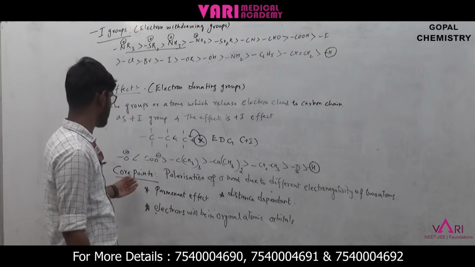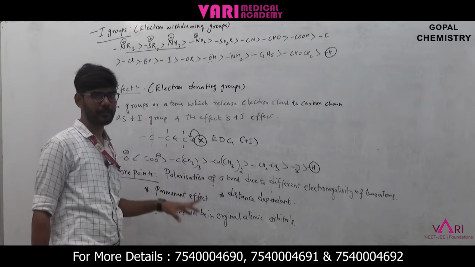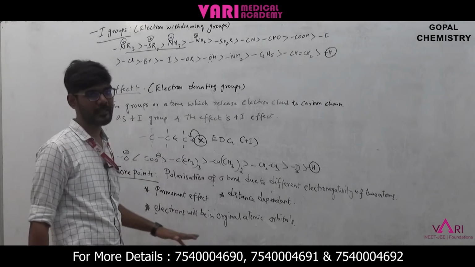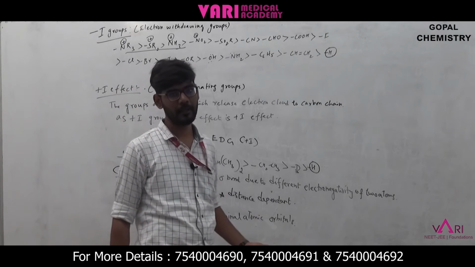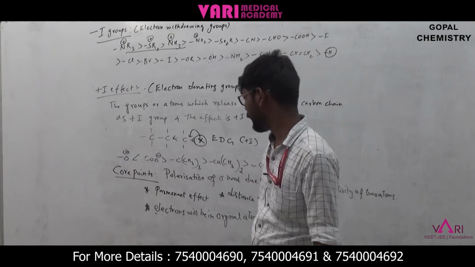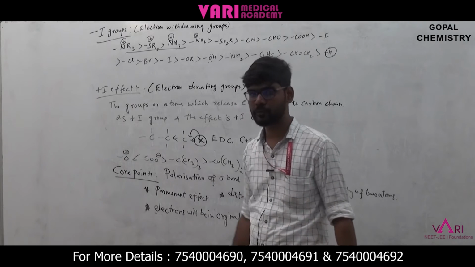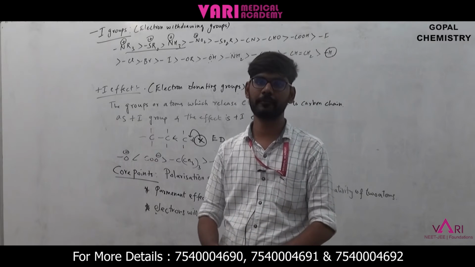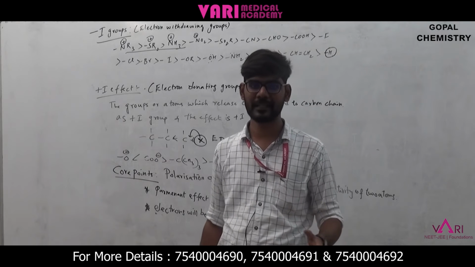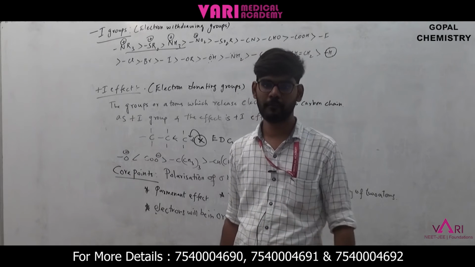Okay, so next one is the core point, very important points all about the inductive effect. The polarization of sigma bond is taking place due to the electronegativity differences between two atoms, which results in dipole formation.